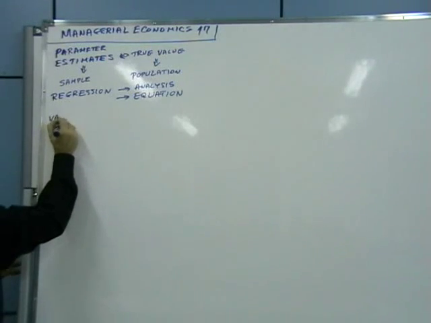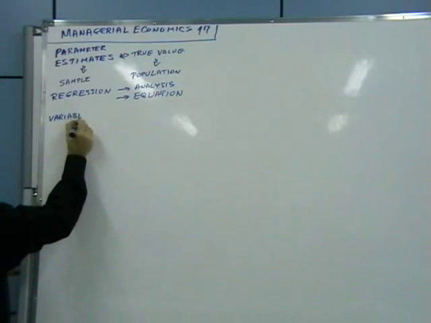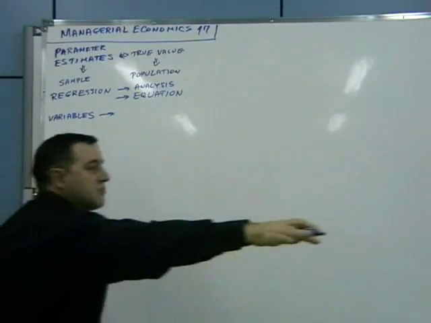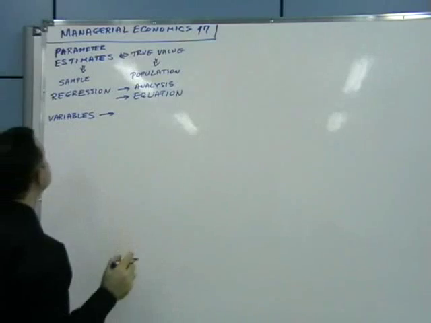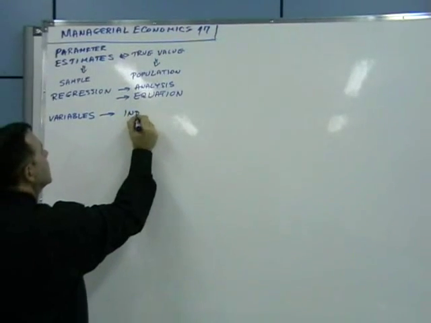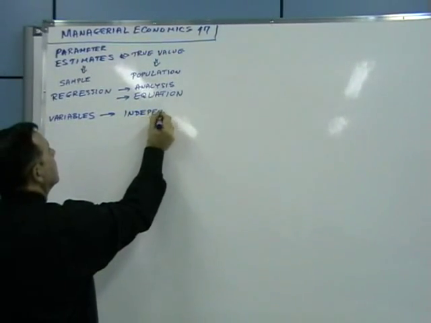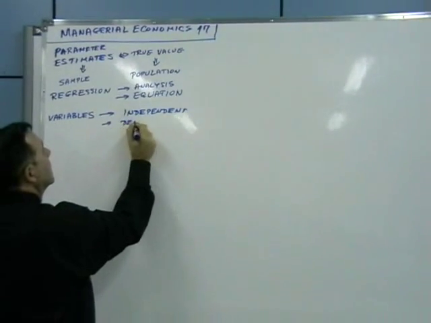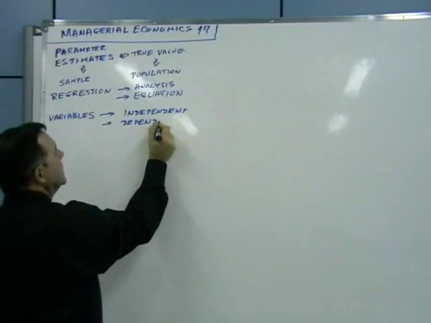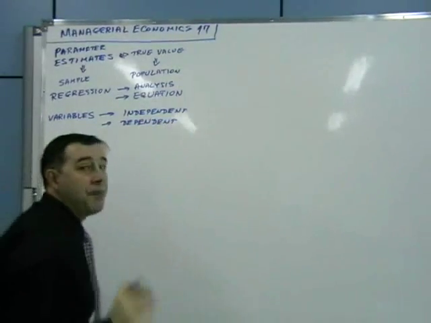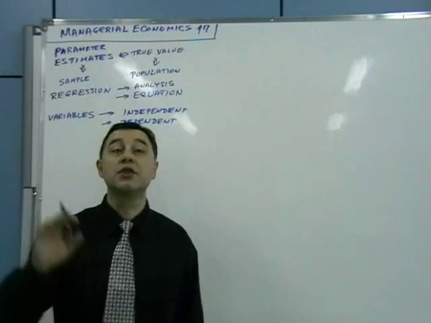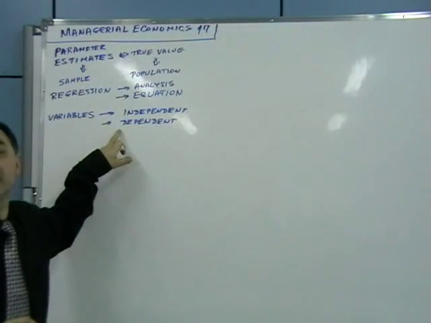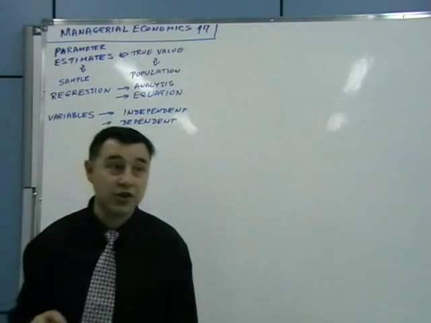Then we had variables. The variables were independent and dependent. The independent sit on the right-hand side of the equation, and the dependent is on the left-hand side of the equation.